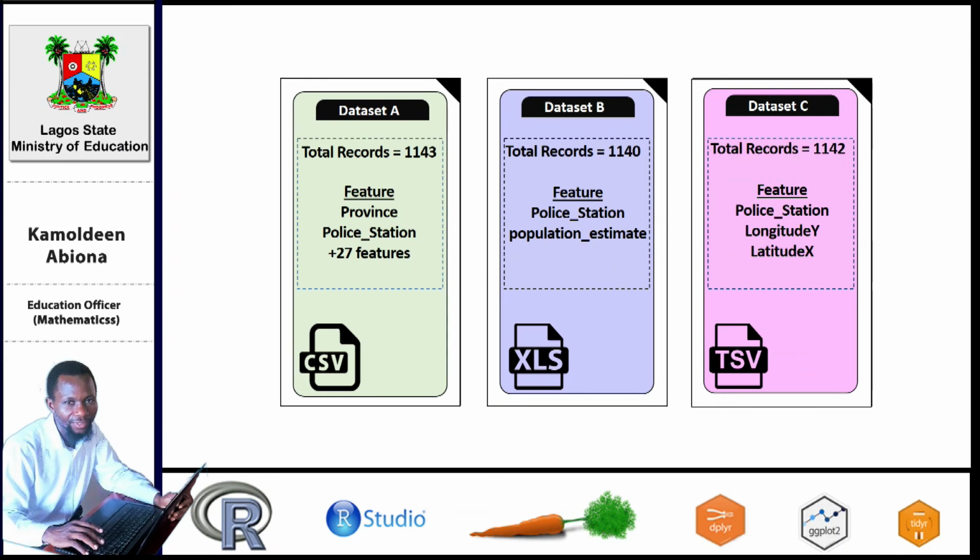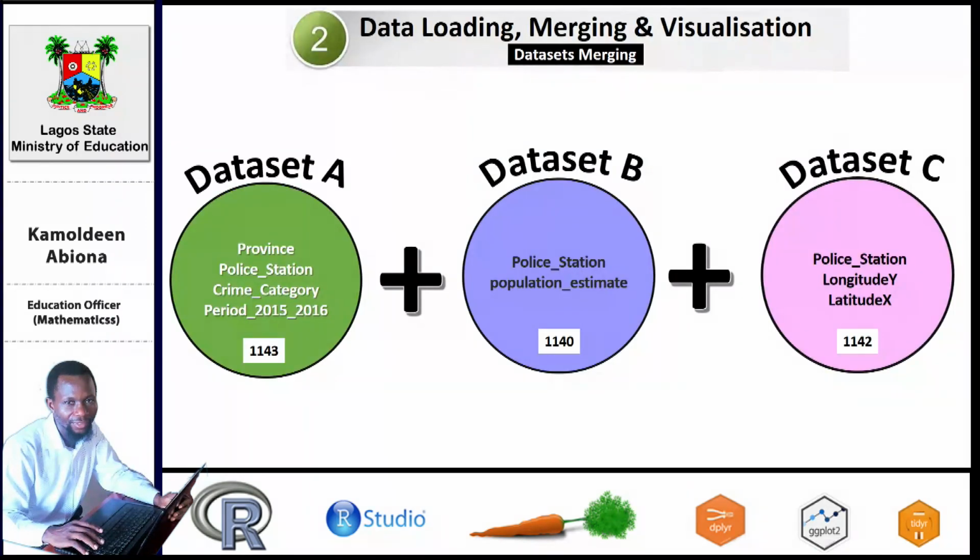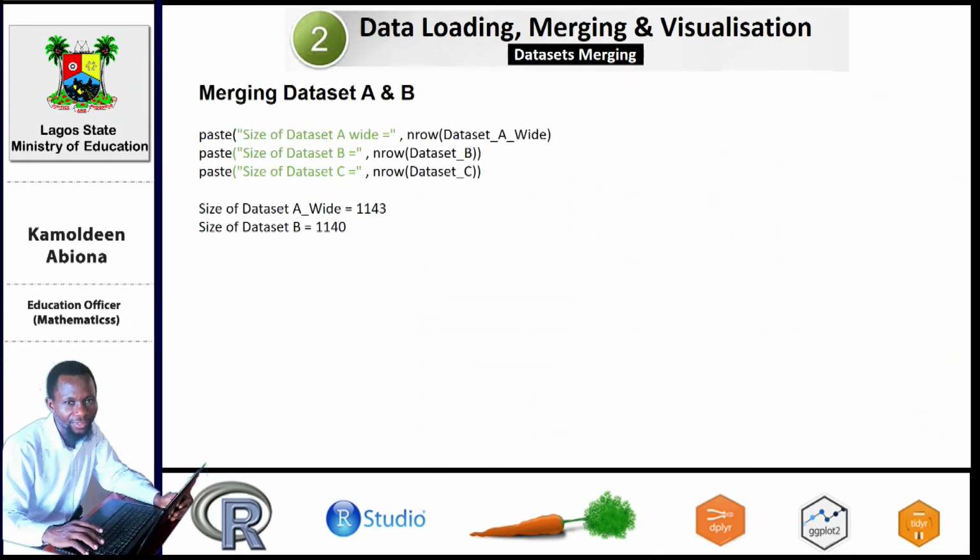So in order to do that, we need to merge them one after the other. First, merge A and B together. To do that, we use the keyword left join. But we can just let R Studio give us information about the size of each dataset.